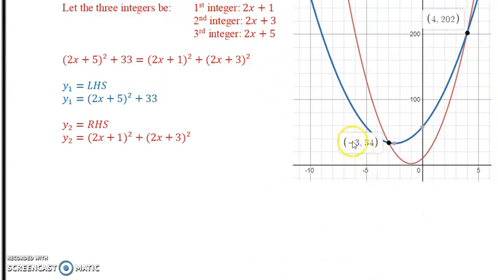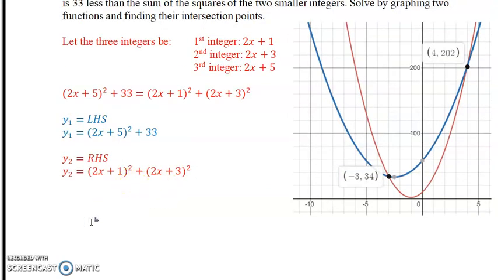So I graphed them. I found the x values that satisfy these two intersection points. So we plug those in, and again we can do that in the graphing calculator. You folks know how to do that. We've done that before. So the points of intersection are -3 and 34.